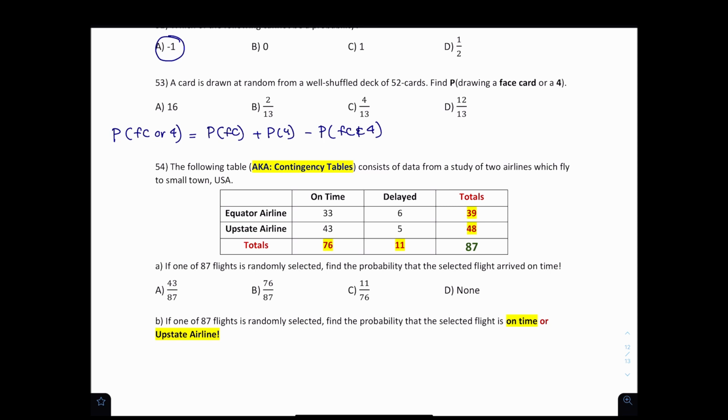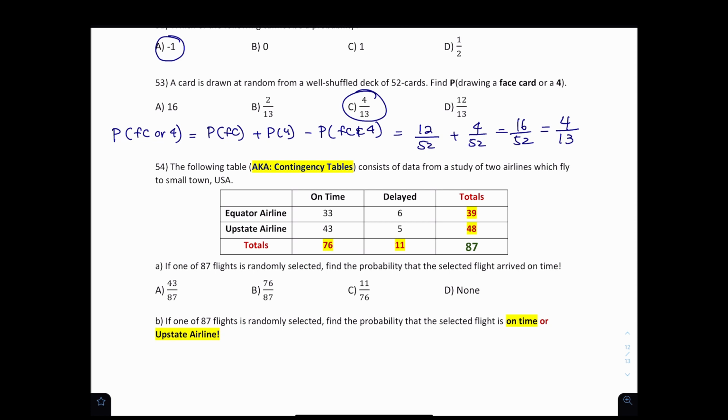So we have the probability of a face card, which is 12 face cards out of 52 cards, plus the probability of getting a 4, which is 4 out of 52. And that's 16 out of 52. That's none of these, so I guess they want us to reduce it. So divide both by a factor of 4. I get 4/13. And there you are. So that will be my answer.